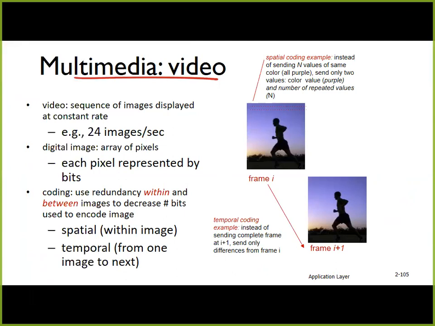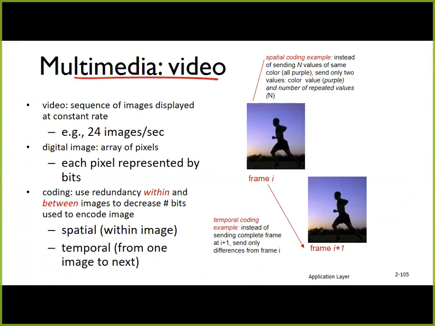Now, what you're doing with the temporal coding is, instead of sending the complete picture, you say, this picture has changed from the previous picture by moving this widget so many spaces, horizontally, vertically, or whatever, right? So you encode those changes. And so it makes your picture a lot smaller. Okay?